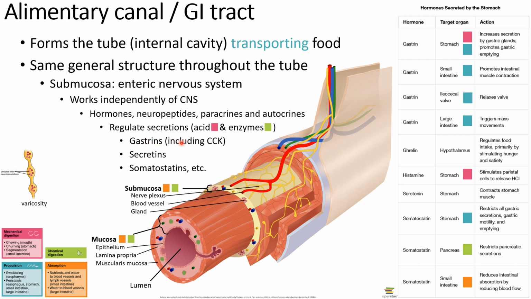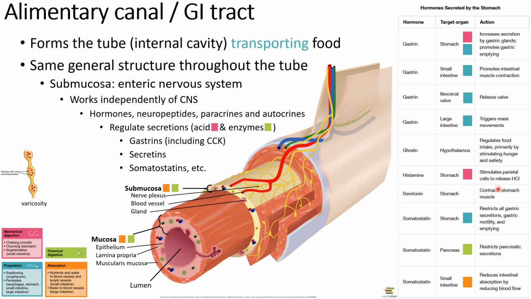And there's lots of different things that are released by the enteric nervous system that regulate secretion, for instance, acid secretion or secretion of enzymes. And just some of these, I'm not going to be exhaustive, are gastrins, which include CCK, secretins and somatostatins. And here on the right, you can see examples of these different compounds, where their target organ is and what their action is.